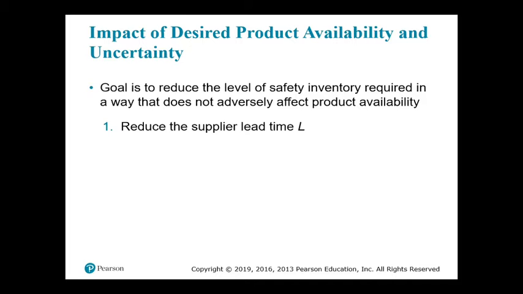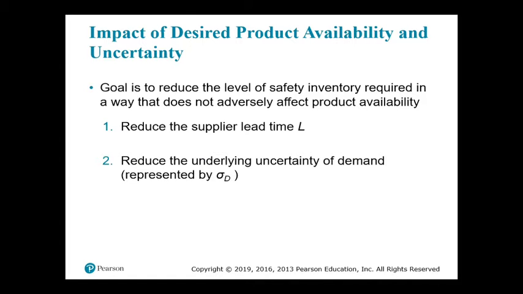This can be done through various solutions, working with a supplier and using delay differentiation, and so on and so forth. And then reducing the underlying uncertainty of demand. Since sigma L is equal to square root of L times sigma D, the other part to reduce is sigma D itself.